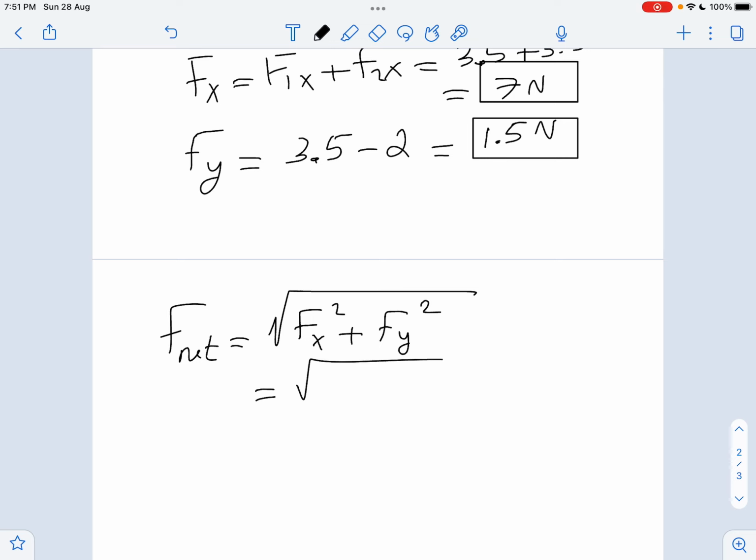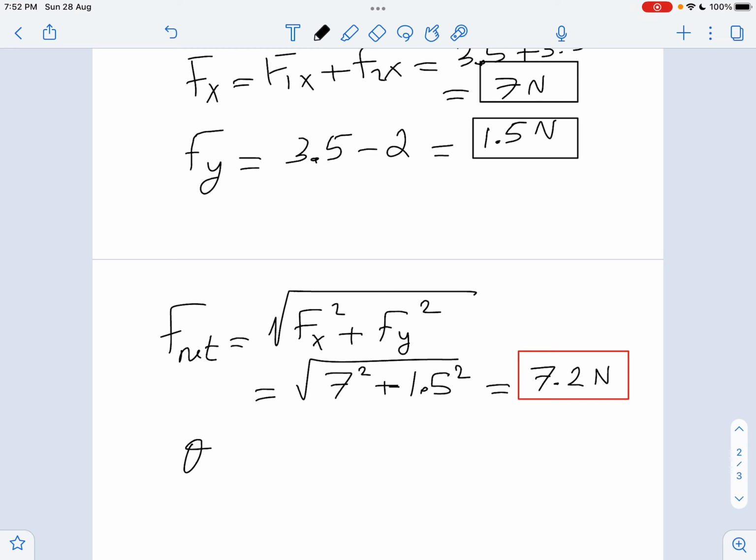So it will be the square root of 7 squared plus 1.5 squared. Let's see what we'll get. You will get 7.15 or 7.2 newtons. That's the magnitude.